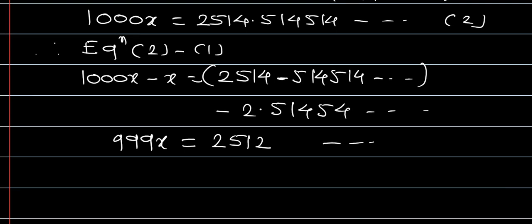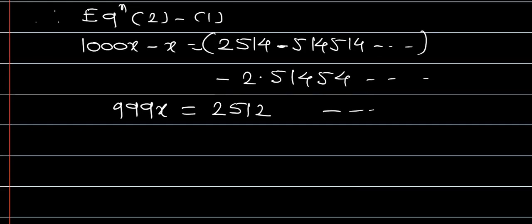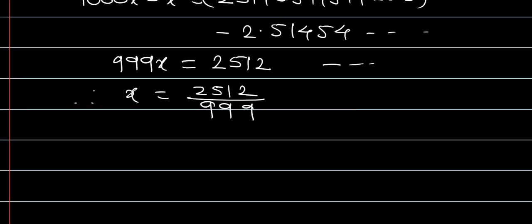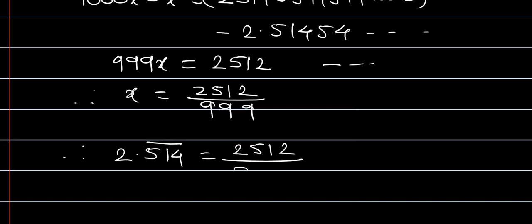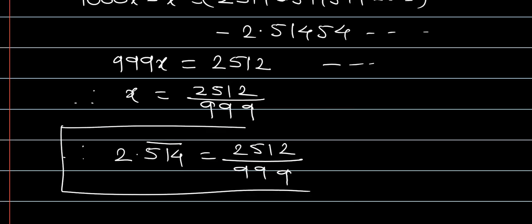Therefore, x equals 2512 upon 999. Therefore, 2.514 recurring is equal to 2512 upon 999.